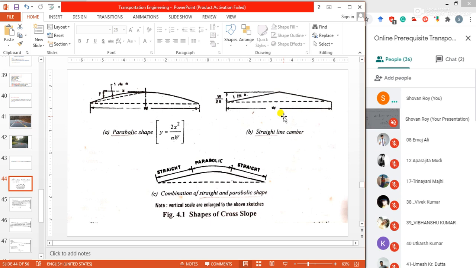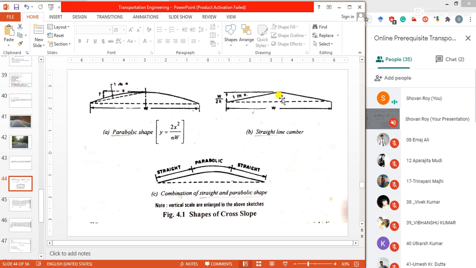Suppose my slope is 1 in 20. 1 in n, where n is the representation, so I have taken 1 in 20 for my road construction. So what should this elevation or raising portion at the mid section of this road be? Another value is needed, this is W. Suppose W of my road is 3.8 meter, and the slope is 1 in 20.